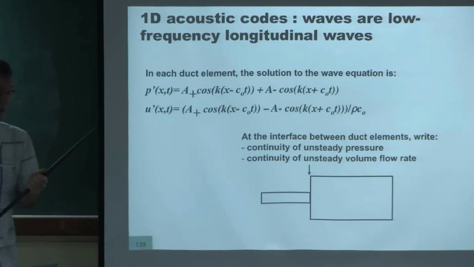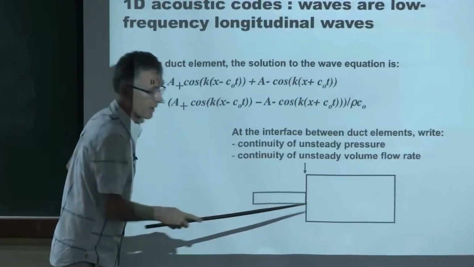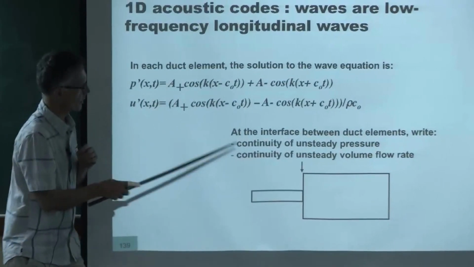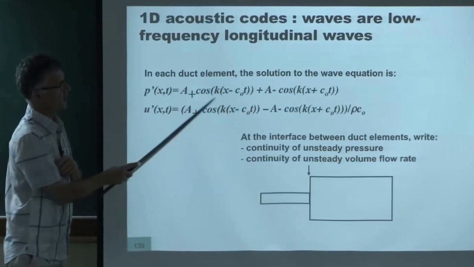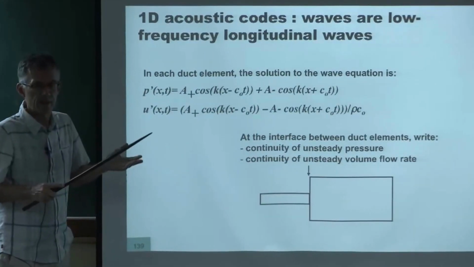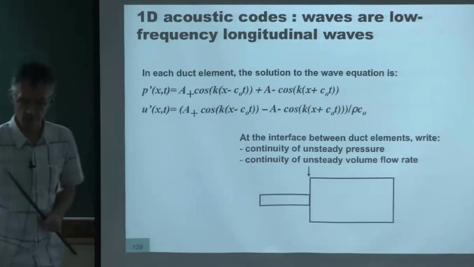So how do you assemble them? Well, you say that the pressure from here to there depends only on two waves, the wave going right and the wave going left. So that pressure can be written like this and velocity like that. We've said that many times. There is no flame for the moment. It's either fresh or burned gases.